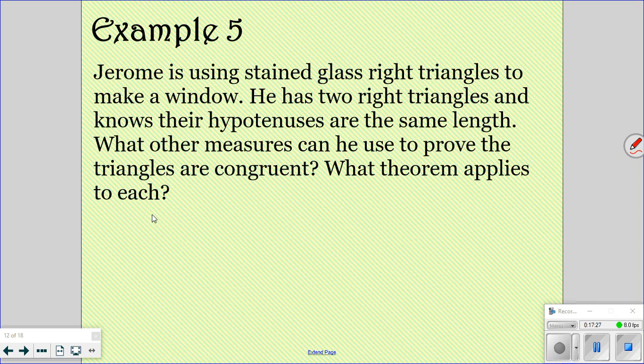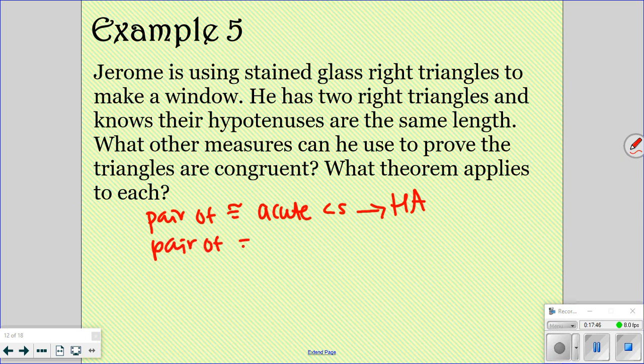So we could use a pair of congruent acute angles, and that would be by the hypotenuse angle theorem. Or he could use a pair of congruent legs, and that would be by the hypotenuse leg congruence theorem.